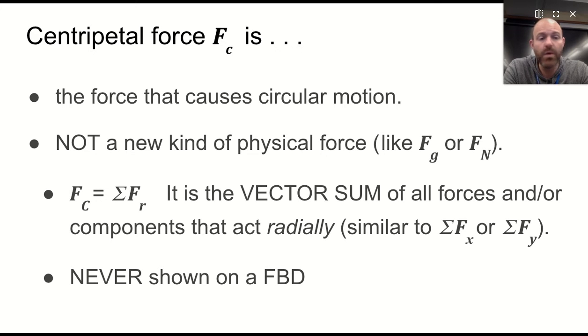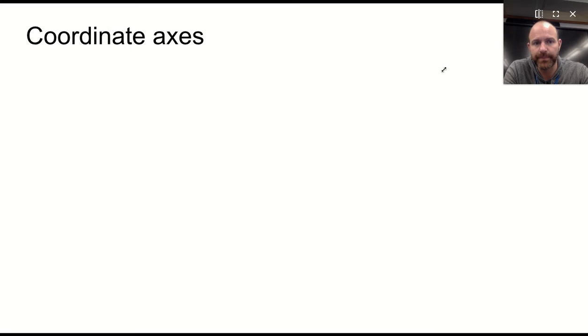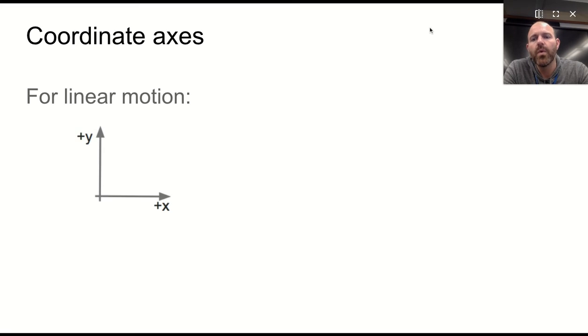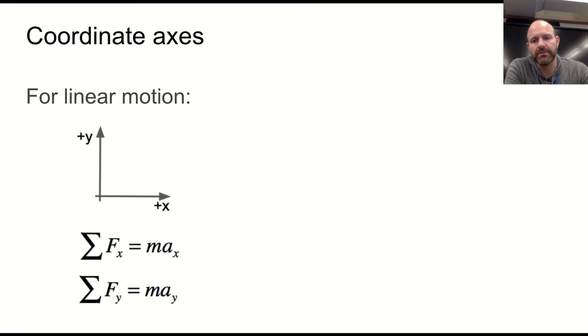In fact, you already know how to draw free body diagrams for any forces. This is no different. The only thing we have to watch out for is the axes. Instead of talking about x and y, we're going to talk about radial, tangential, and perpendicular to the circle. So, for example, when we're talking about linear motion, we've got an x and y coordinate system, we sum the x's, we sum the y's.